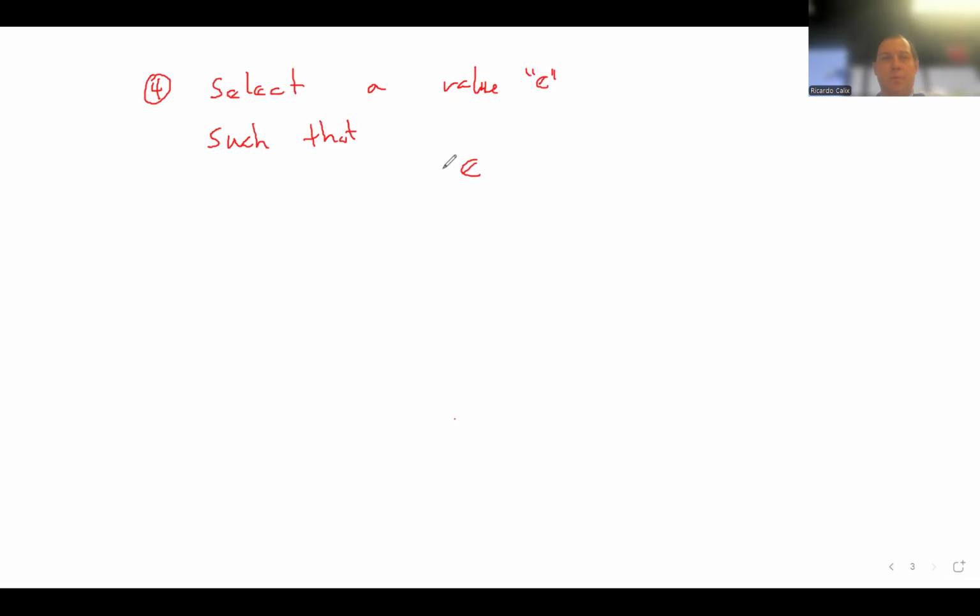So E is greater than 1 and less than phi. So that's one of the conditions, okay? Which is phi is the previous term that we just calculated, okay? And for now, I'm just going to say, and it meets a few additional conditions, right?